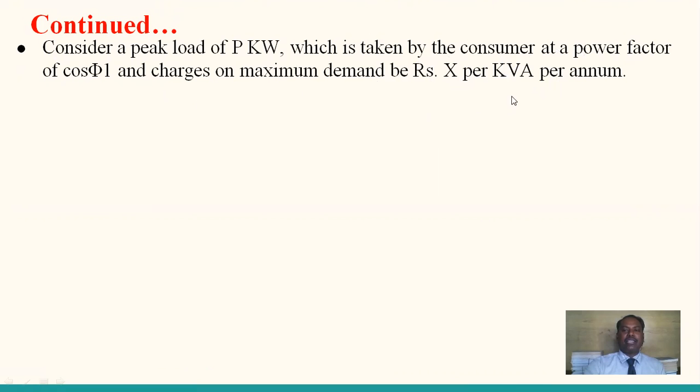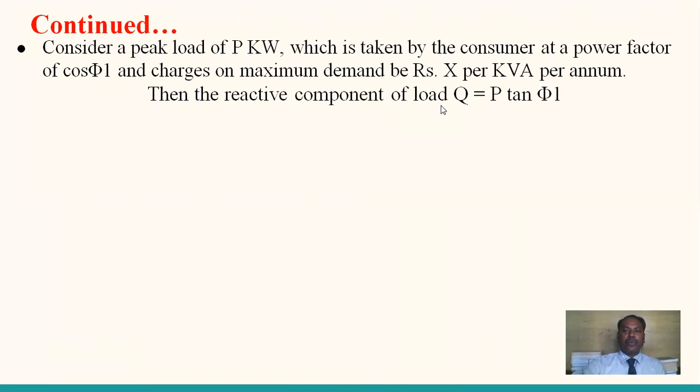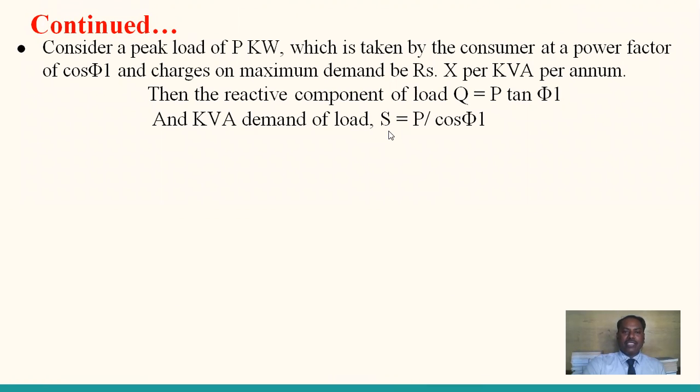Then the reactive component of load Q is equal to P tan phi 1. And the kVA demand of load S is equal to P by cos phi 1. Otherwise, cos phi 1 is equal to P by S, real power by apparent power.